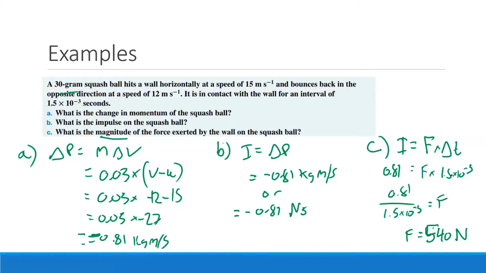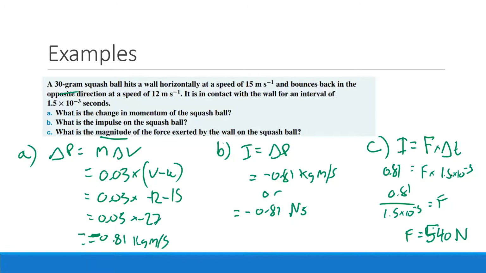Now, if that was in contact with the wall for a longer time, like 1.5 times 10 to the negative 2 seconds, or even just 1.5 seconds, you wouldn't need to apply such a high force. Because it's only in contact for a fraction of a second, we need a high force. When you bounce a ball off a wall, you don't really think about how long that ball is actually touching that wall.